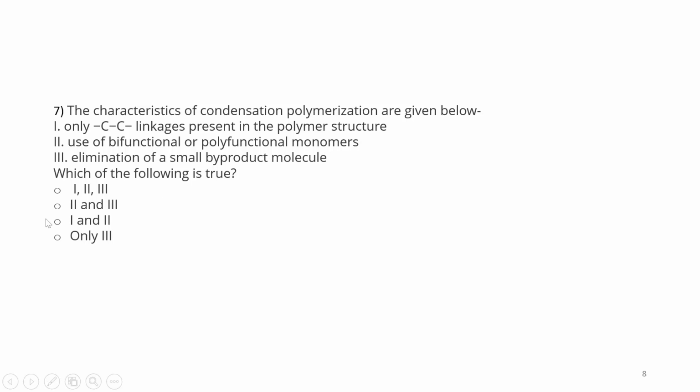So in case of condensation, you have elimination of a small byproduct molecule such as H2O or ammonia. You also have use of bifunctional or polyfunctional monomers. The only C-C linkage present is not correct. There can be nitrogen and oxygen also present. So the correct answer here will be 2 and 3.